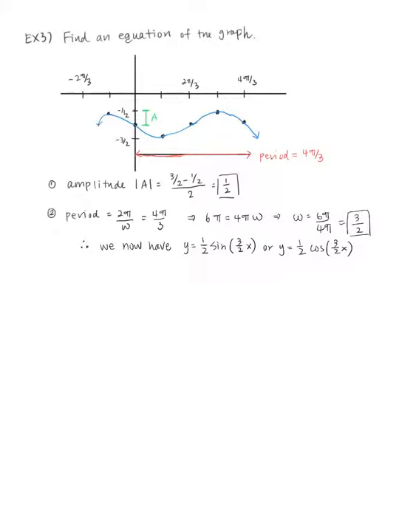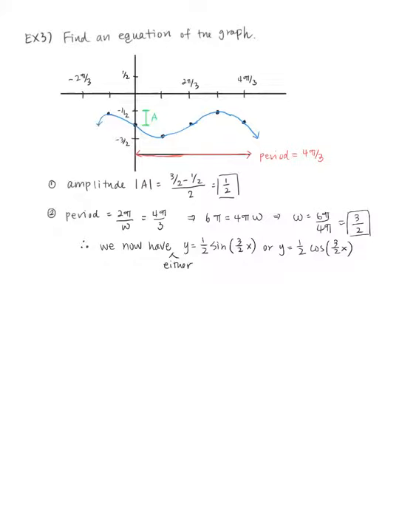So we now have either. All right. So you know what? Let's just graph what y equals 1/2 sine and cosine of 3/2x is going to look like on the graph above, just to play with it. Let me change the color real quick. Let's go with 1/2 sine of 3/2x first. So from here to here, it's going to be 1/2. Amplitude is 1/2, right? And since it's a sine graph, let's do this one in maybe green color.